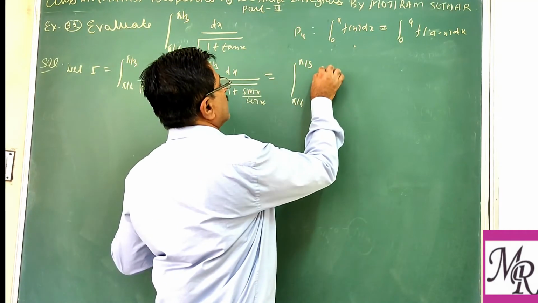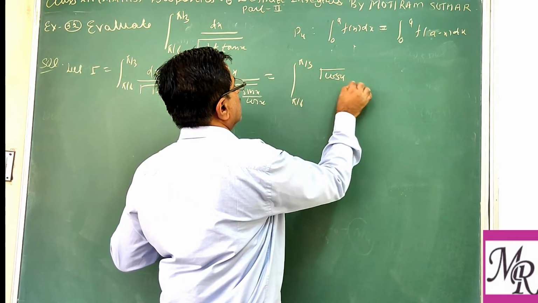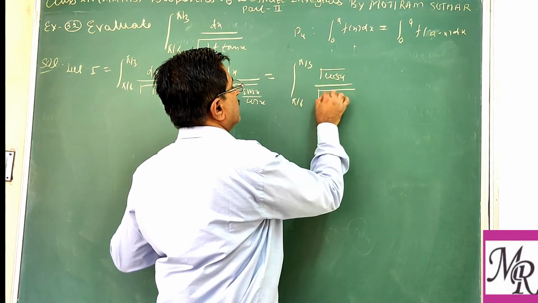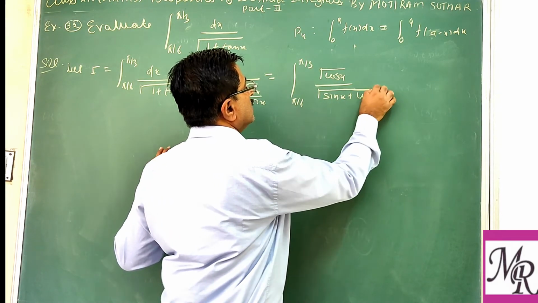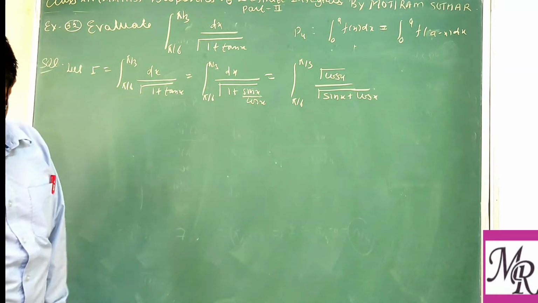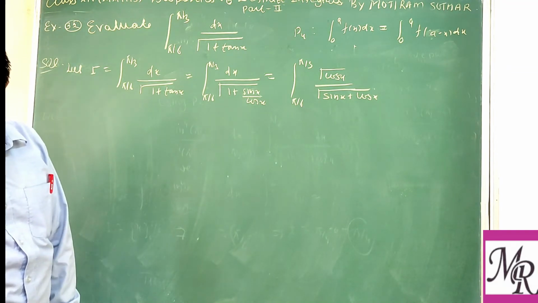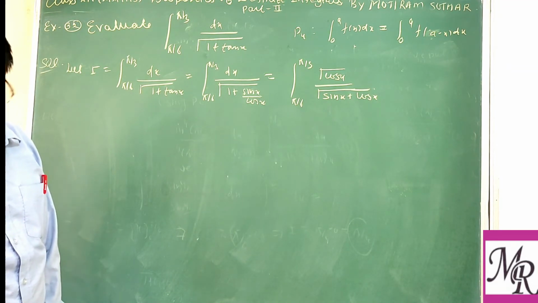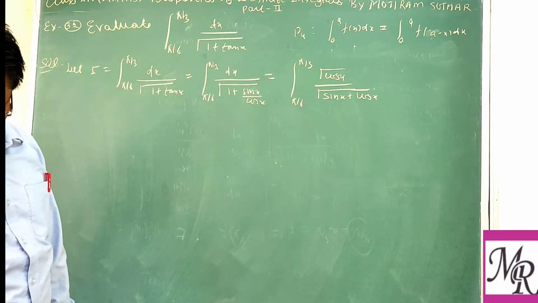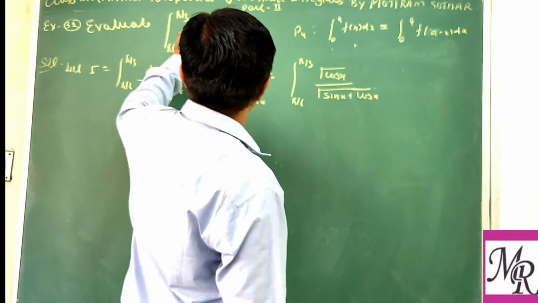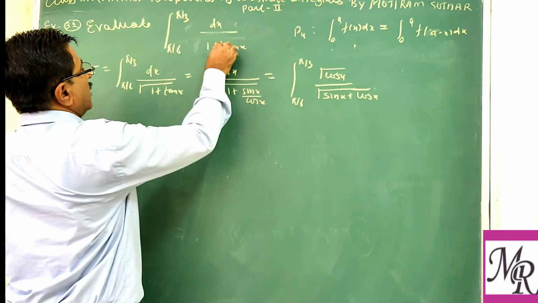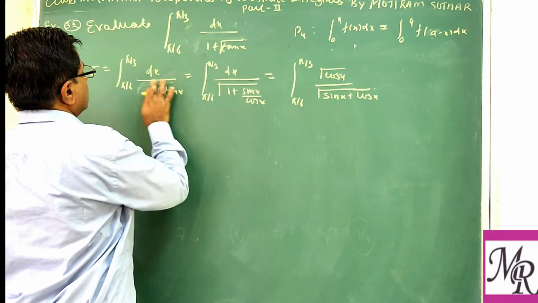So what we get here: root of cos x upon root of sin x plus root of cos x. So we convert this into a simple ratio. Clear? 1 plus only root tan x is given, not the whole root.